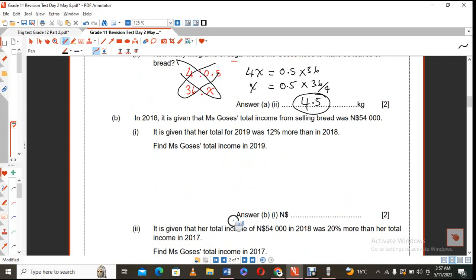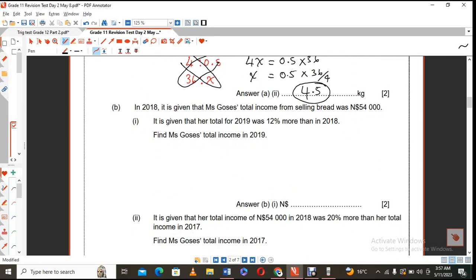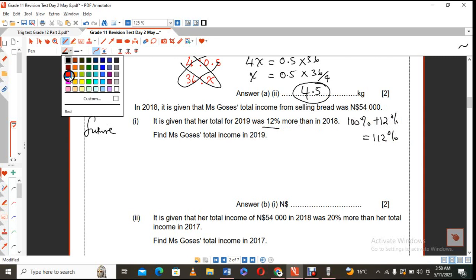In 2018, it is given that she makes a total income of $54,000. It is now given that her total in 2019, so this is in the future, was 12% more. 12% more means 100% plus 12%, which is 112%. That implies you have two ways of doing it.